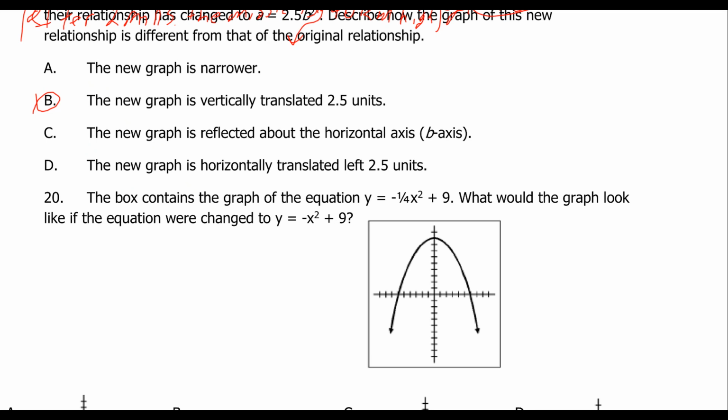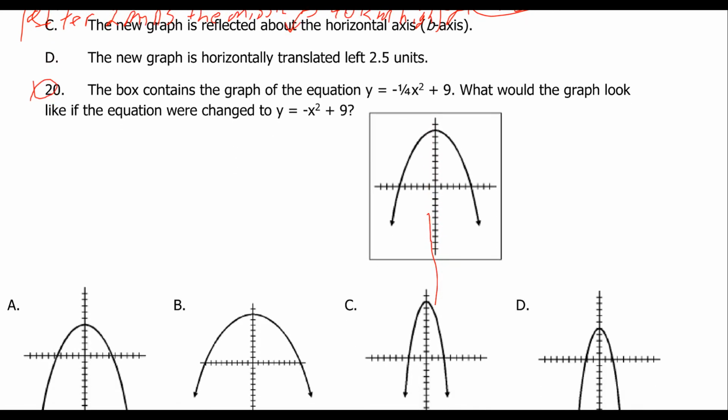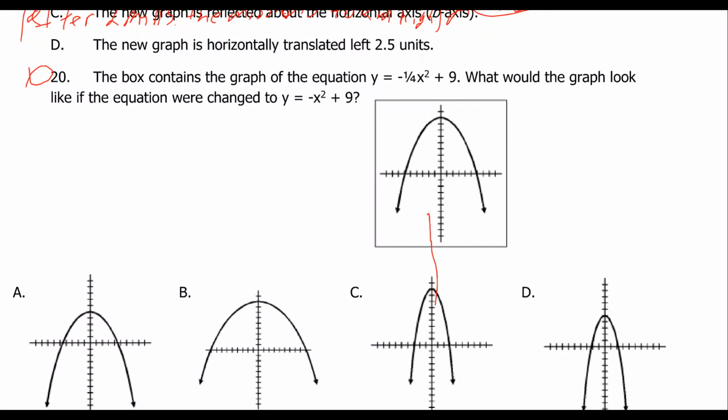The box contains the graph of the equation y equals negative 1/4 x squared plus 9. What would the graph look like if the equation were changed to y equals negative x squared plus 9?